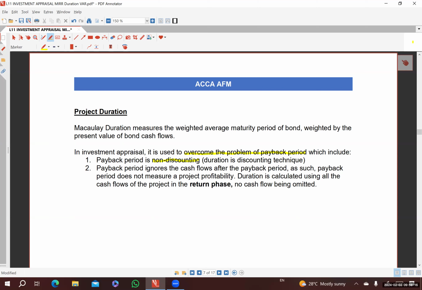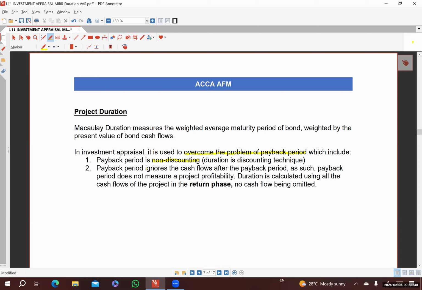We don't discount the cash flow. Duration is a discounting technique; we use present value. Payback only looks at cash flow up to the time you get back the capital. After that, you don't care about the cash flow anymore. You're only concerned with getting back capital, not with profitability.